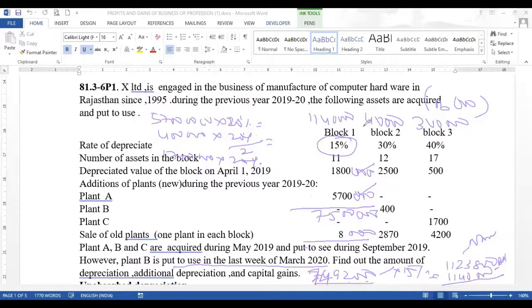What is the WDV for the second block? Please tell me what is the WDV.